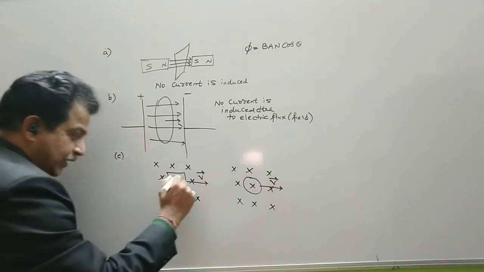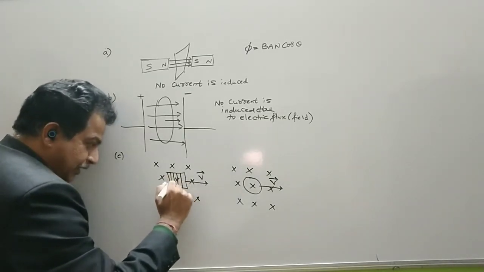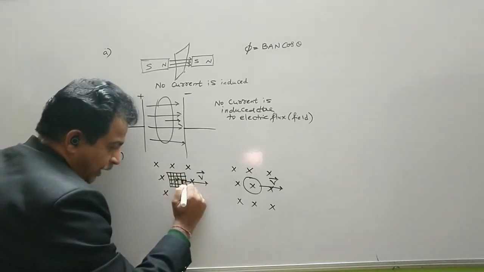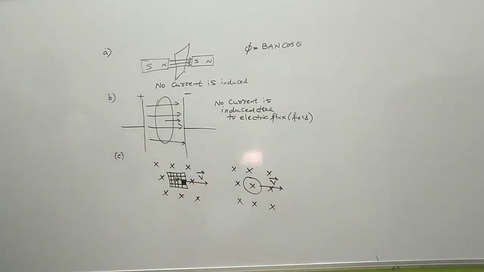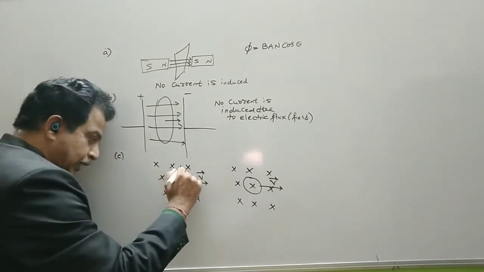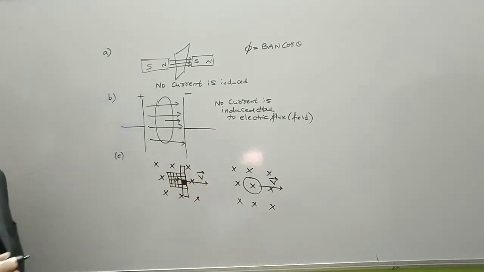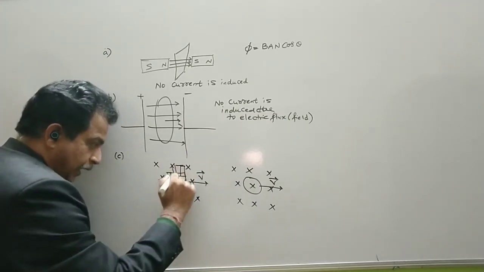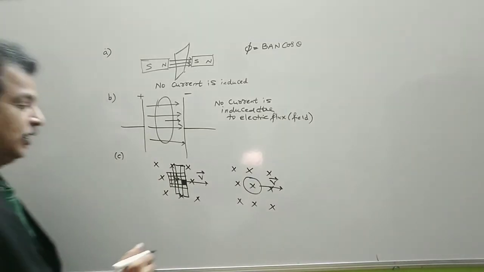If I divide this rectangular loop into small elements, each element will be identical. So they move equally. This portion of the loop is equal to this portion of the loop, that is equal to this portion of the loop. So the area of an element remains the same.